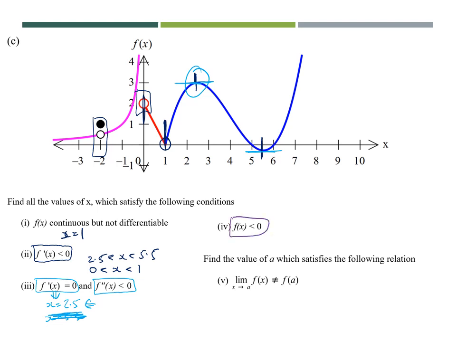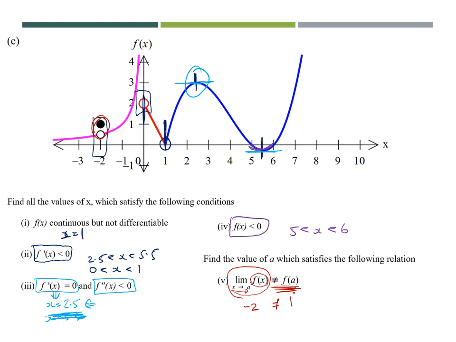Where is my function less than 0? Less than 0 between here and here, so that's just between 5 and 6. And the last one, where is the limit as x approaches a of the function not the same as the function? Just here, isn't it? The limit as x approaches a of the function is -2. The value of the function is 1.